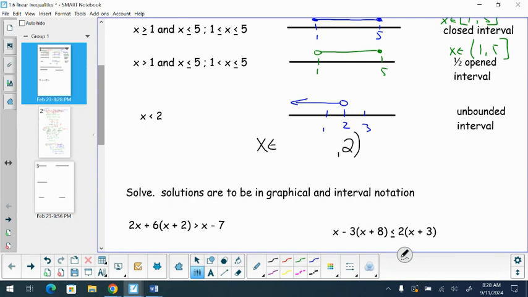So our left-hand value is going to be negative infinity. You can never have a definite stopping spot in infinity, so we put a parenthesis there. This is called an unbounded interval.